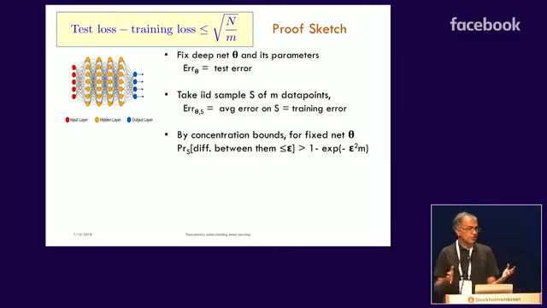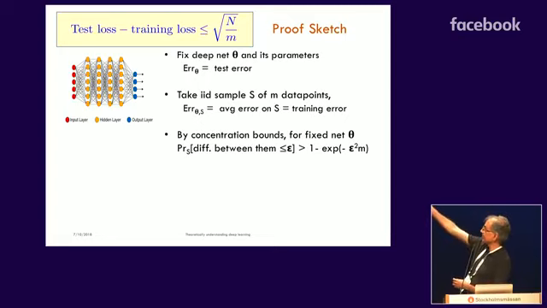Now, by probability concentration bounds, because you took a large sample, we know that the probability that the difference between the estimate of this test error and the true test error is less than epsilon is almost 1. So 1 minus exponential to the minus epsilon squared m. That's the standard concentration bound.